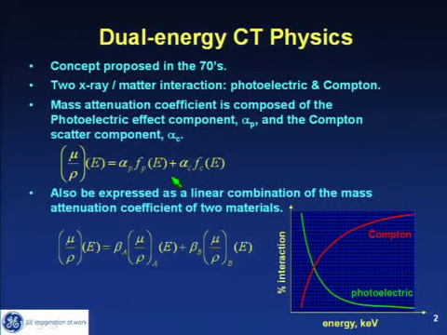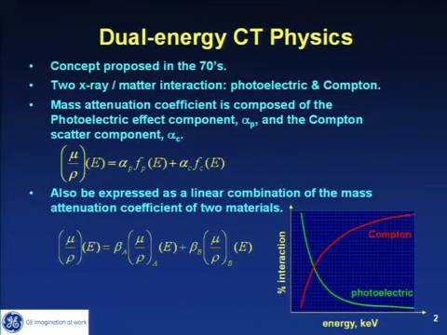And then if you follow through the derivations, you can show that the mass attenuation coefficient of any material can be a linear combination of two other materials. That means you can arbitrarily select two materials as basis materials, and then express the mass attenuation coefficient of the third one.